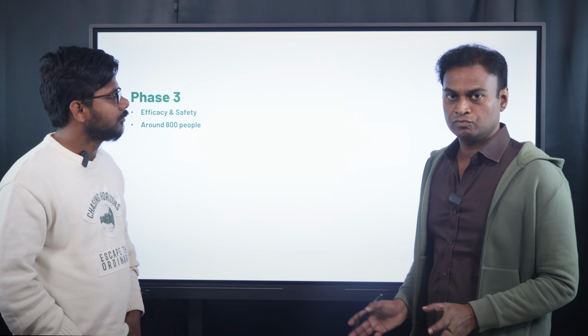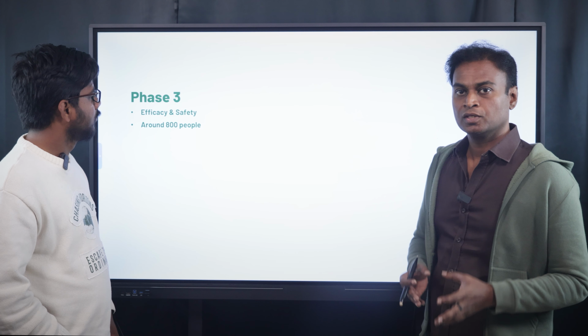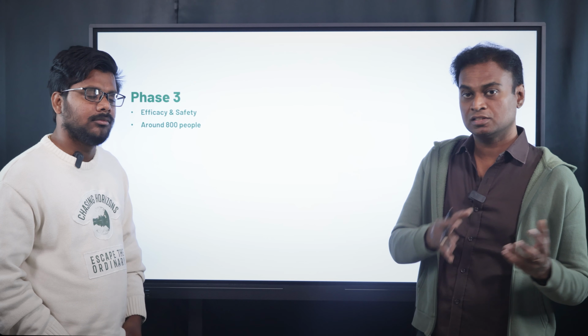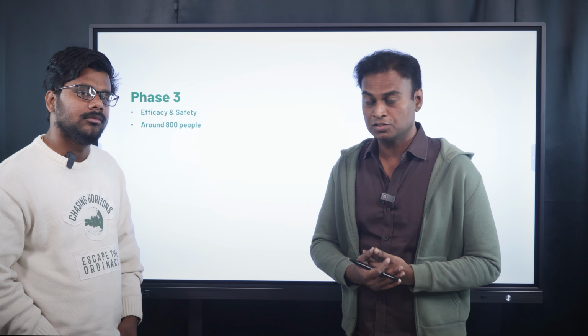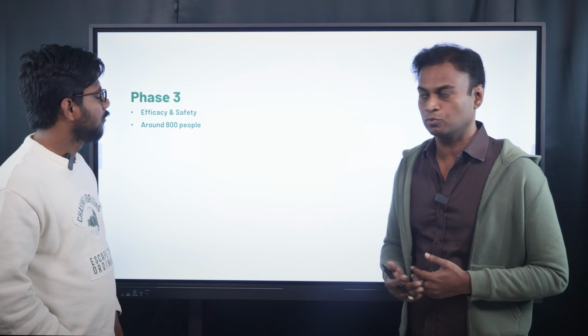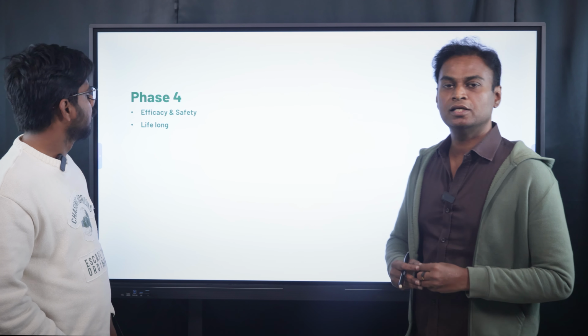If phase 3 is successful, if you can prove your drug, device or surgical procedure is better than the existing one, safer than the existing ones, more efficient than the existing ones, then you move on to phase 4. Phase 4 is releasing into the market. You release the drug into the market. After phase 3, you get permission. The regulatory authority will give you permission.